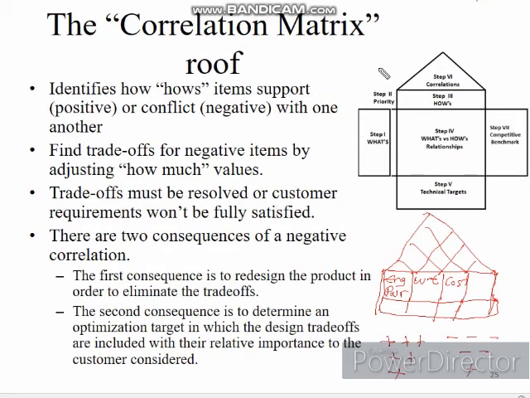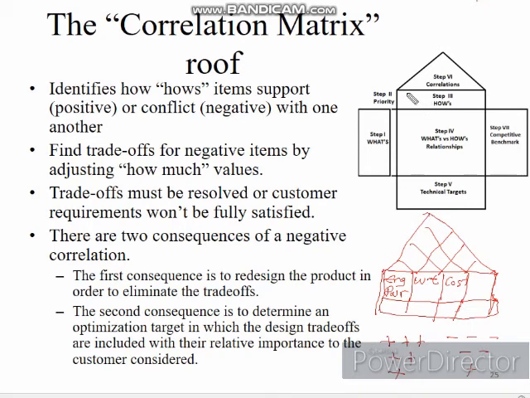Let's look at the correlation matrix up here, right? So basically, the purpose of this correlation is to identify how house items support positively or conflict negatively with one another. So the purpose is to look at the correlation between all the design parameters that we have specified.